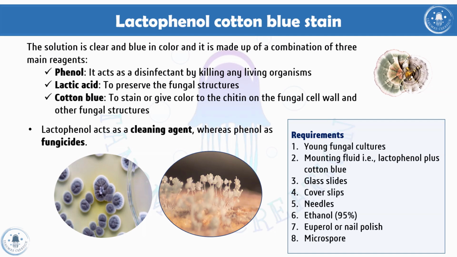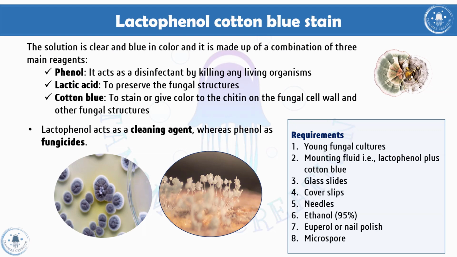Coming to the requirements for this staining, we need young fungal cultures that should be 5 to 7 days old only. You need young cultures for proper identification. Then we need a mounting fluid, that is lactophenol cotton blue solution. Then we need glass slides, cover slips, needles or an inoculating loop.